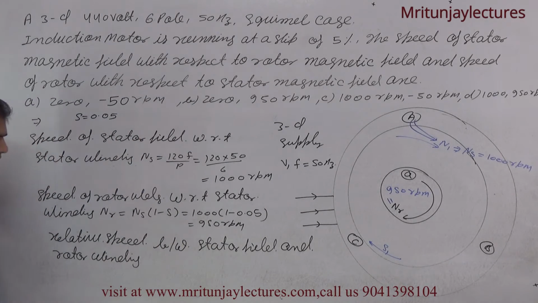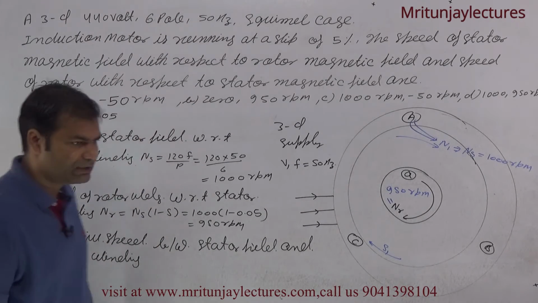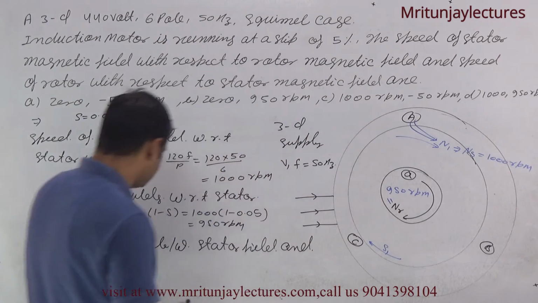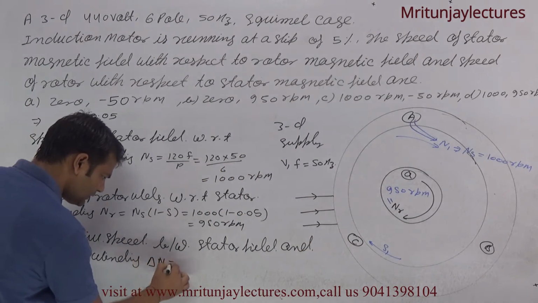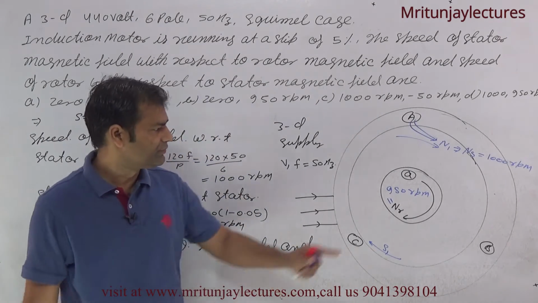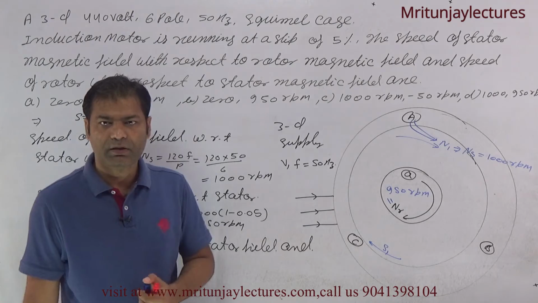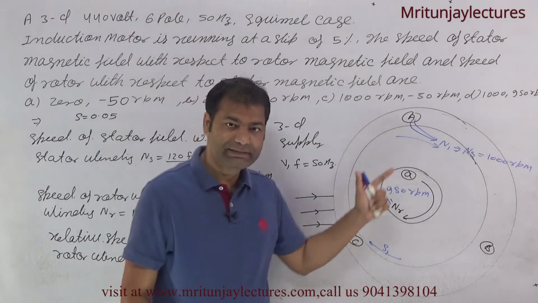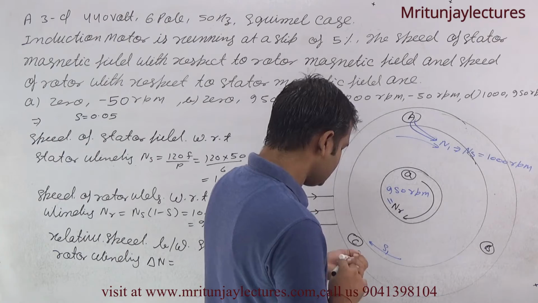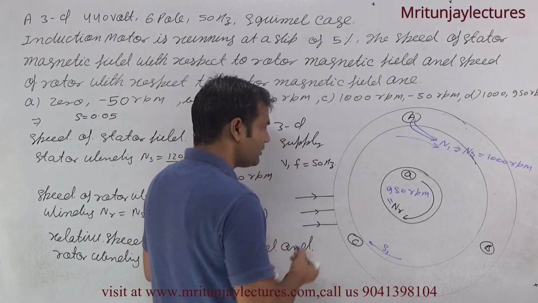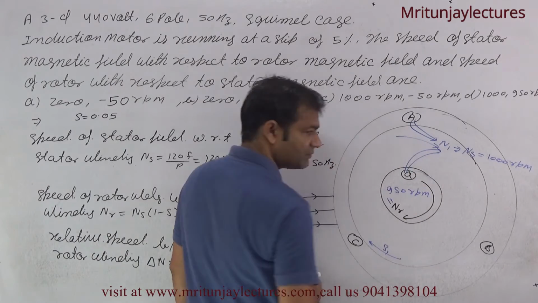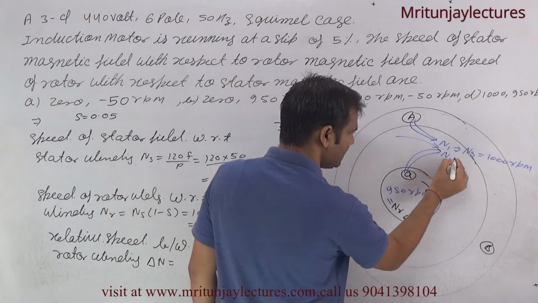The relative speed between the stator field and the rotor winding, that is delta N. In another way, if you sit on the rotor and see the stator magnetic field, at which speed is it rotating?